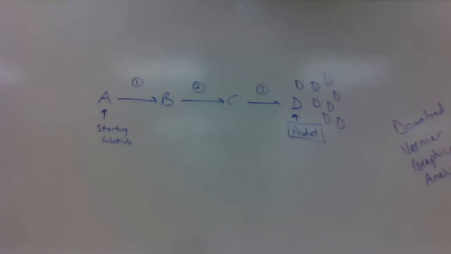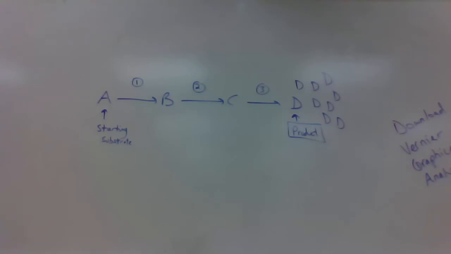Now, if we wanted to turn on or turn off this pathway, we do that by turning on or off an allosteric enzyme. In this case, which one of our 3 enzymes would be the allosteric enzyme? Enzyme number 1.